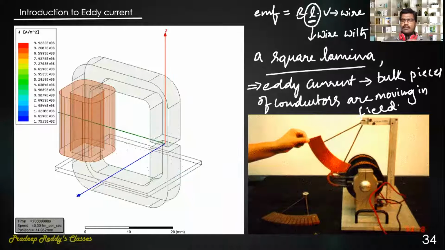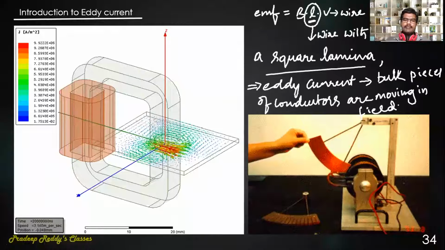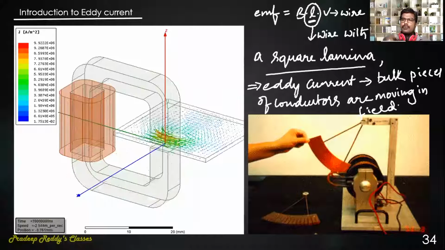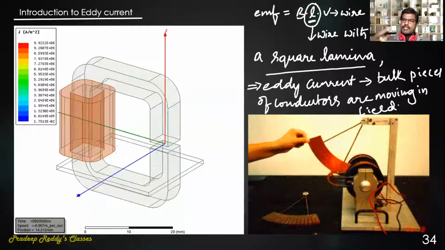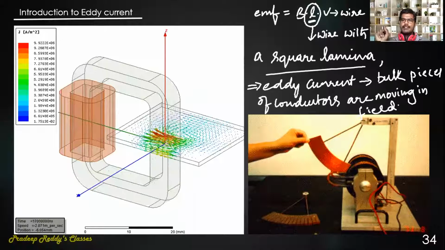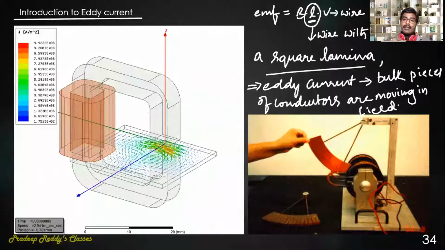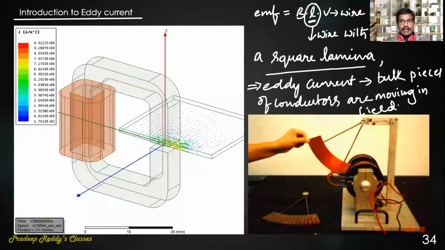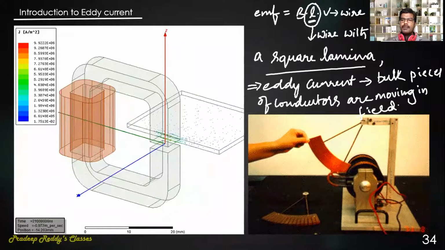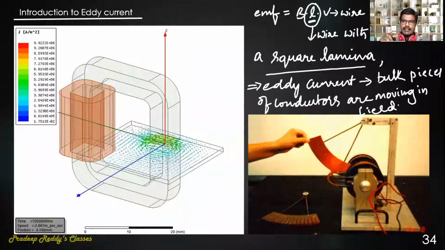Now, usually, if a wire is taken and if that wire is moving, in that wire, electrons are forced to move only in one particular direction, which results in some heat energy. Definitely, there comes some heat energy. But here, the heat energy produced is much greater because electrons are able to move randomly in any direction, which we generally call eddies.